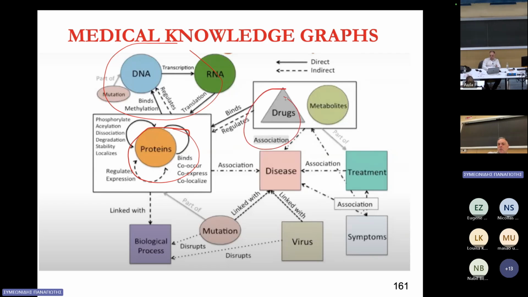We have the drugs, which target specific proteins or enzymes. And we also have the diseases which harm specific proteins or genes, etc. And all these things form a heterogeneous knowledge graph with many different types of networks, graphs.